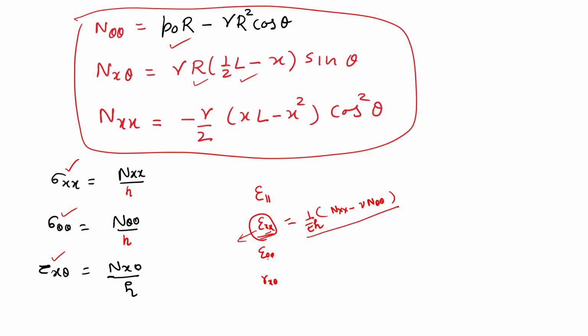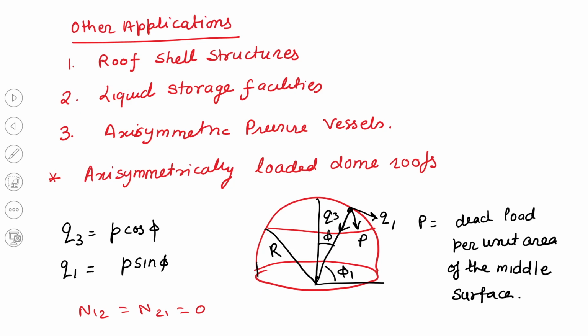Then epsilon xx, epsilon theta theta, gamma x theta have terms like del u, v or w. So, from these three equations we can solve the displacements by integrating basically, because they have some derivatives.